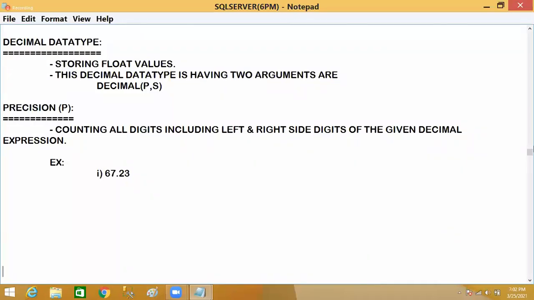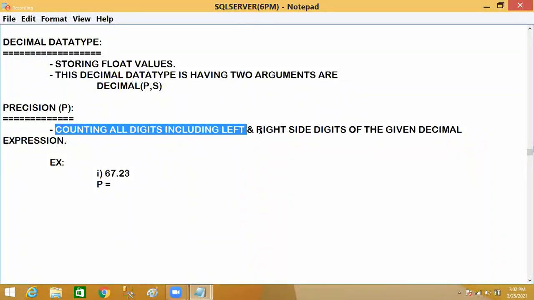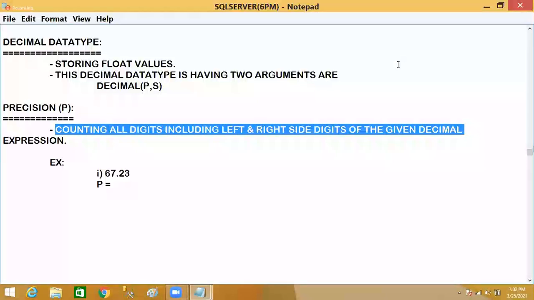In this float value, if I ask what your precision is, precision means counting all digits, including left and right side digits, of a given decimal expression.